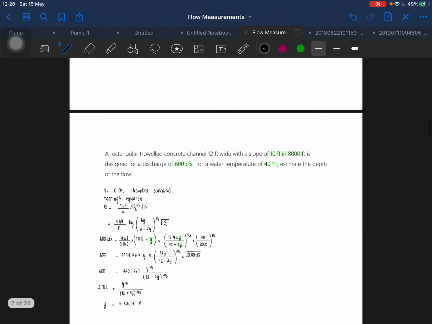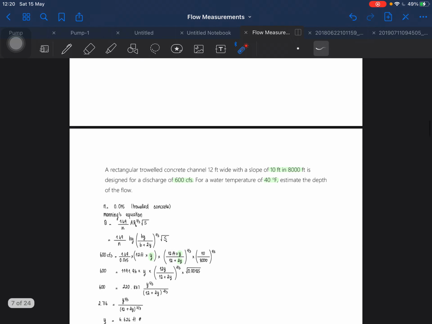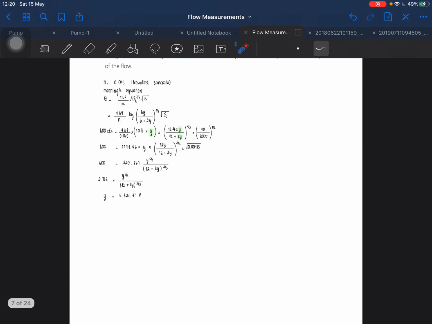same as other people. We find method number 1, we find the hydraulic radius first, and then we substitute the hydraulic radius here as a number, not as an equation. So this is the easiest method that we're going to use. Then we can write the whole equation here and substitute by equation like this.